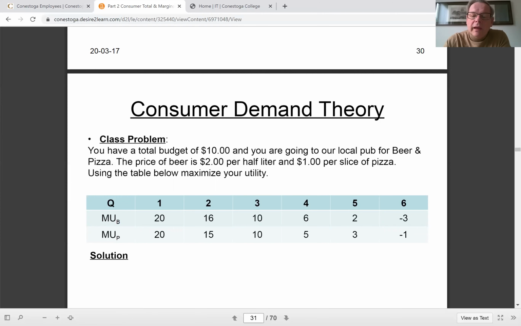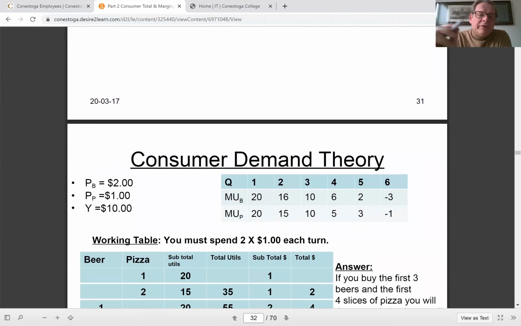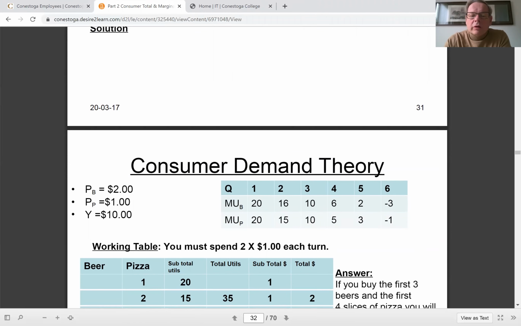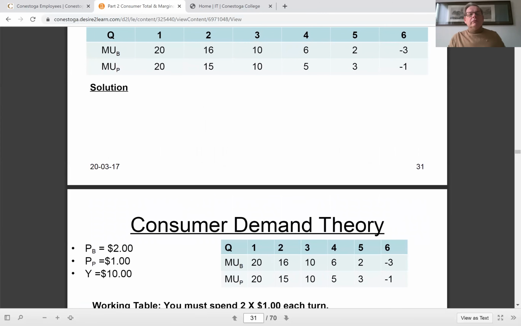So how are we going to spend our money? Once again, I'm going to suggest that you work very neatly on these problems so that you can draw conclusions right away. The price of beer here is $2, the price of pizza is $1, and our budget is $10.